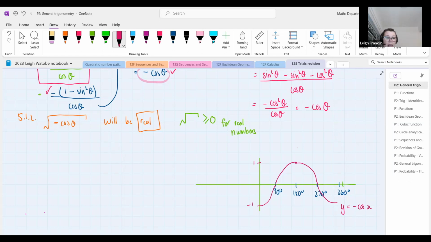So if we want to get rid of this negative inside here, if we want to make it positive, we can do that by multiplying a negative with a negative. Let's have a look. What happens at 0 degrees? What is cos theta equal to?